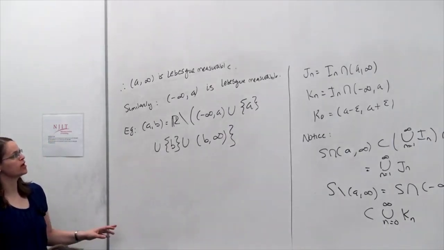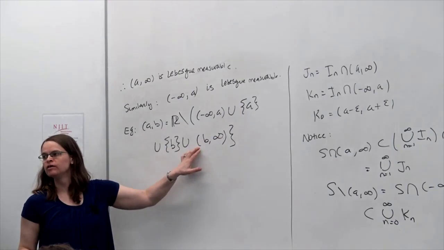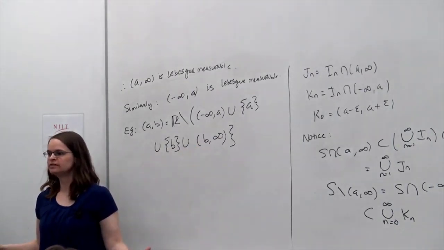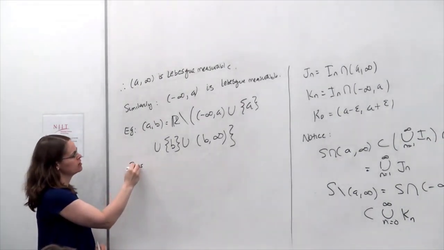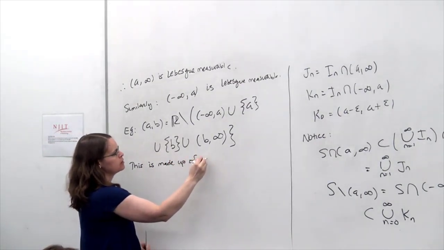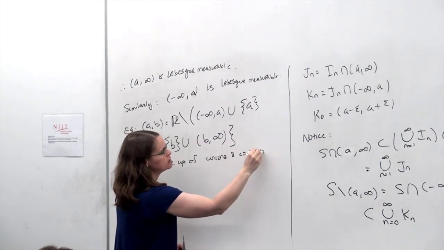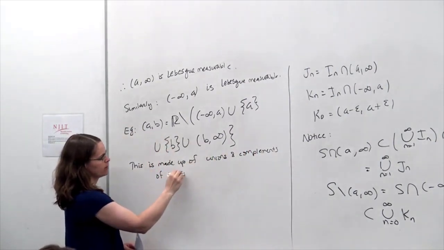So what is this? This is nothing but, okay, in here we have a union of a few measurable sets, which is measurable. Then we take the complement of all of that, still measurable, so this is measurable. All right, this is made up of unions and complements of measurable sets.